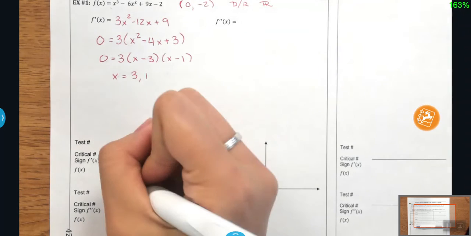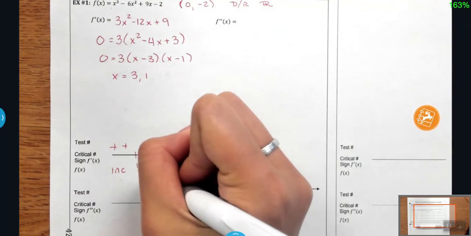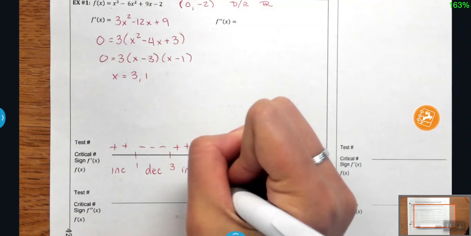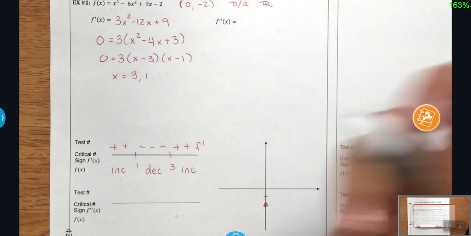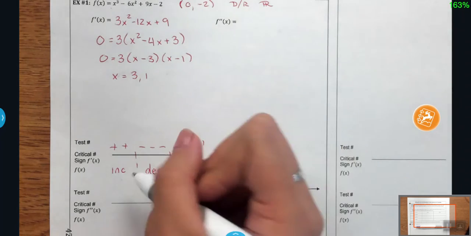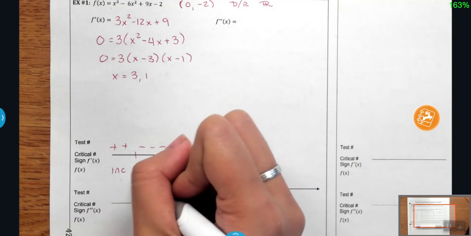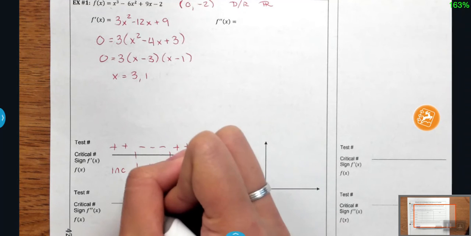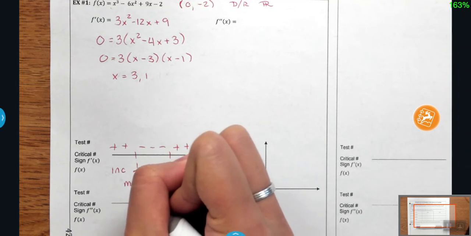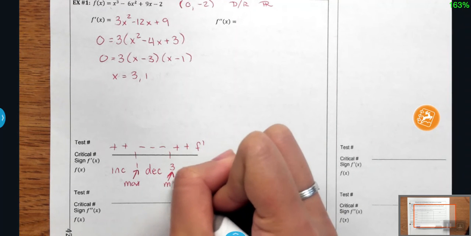Increasing, decreasing, increasing. Cool. Any additional information that tells me? Good, the min and the max. 1 is a max and 3 is a min.